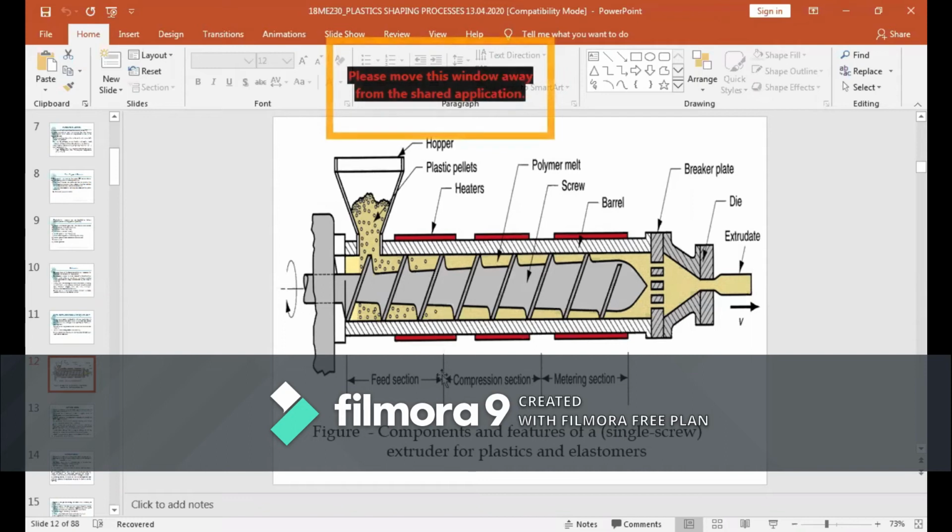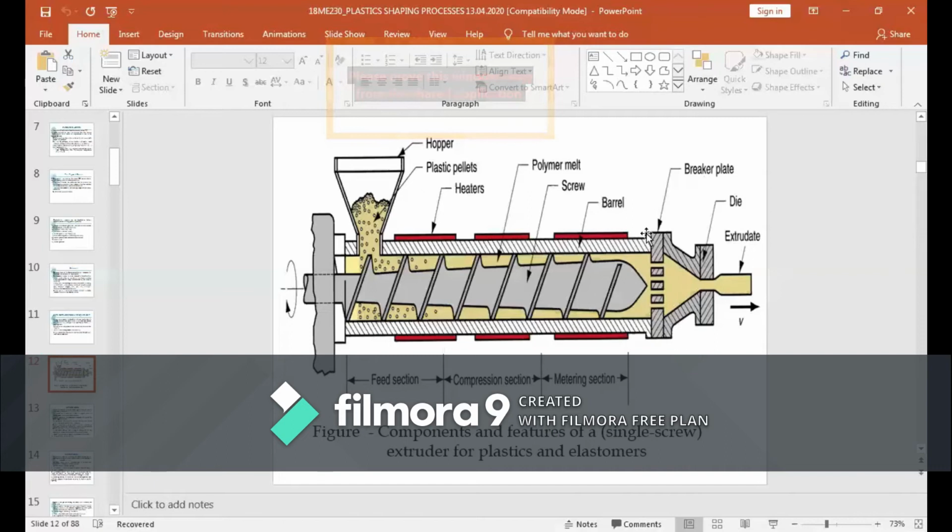The metering section is where I'm going to align the material, because your raw material has a rotary motion. I have to make that rotary motion into a straight motion. That is done by means of this breaker plate.